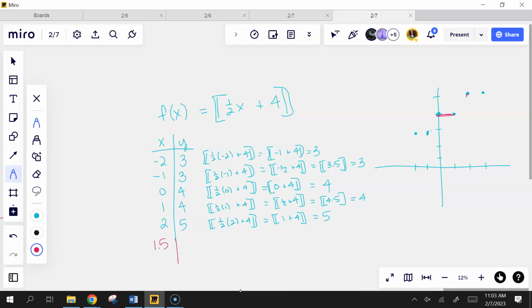So now I need to know, okay, so 1.5, if I do 1/2, and here's where you're going to use your calculator, times 1.5 plus 4. 4.75. So it's still 4. What? I always start with the integers first, because you know if you put in an integer, you're going to get out an integer, right?